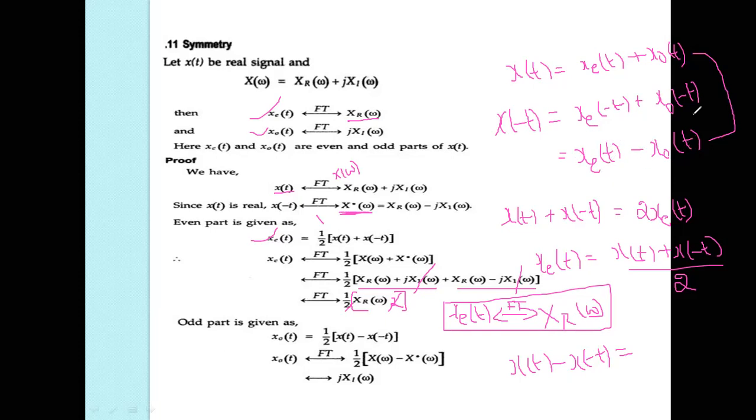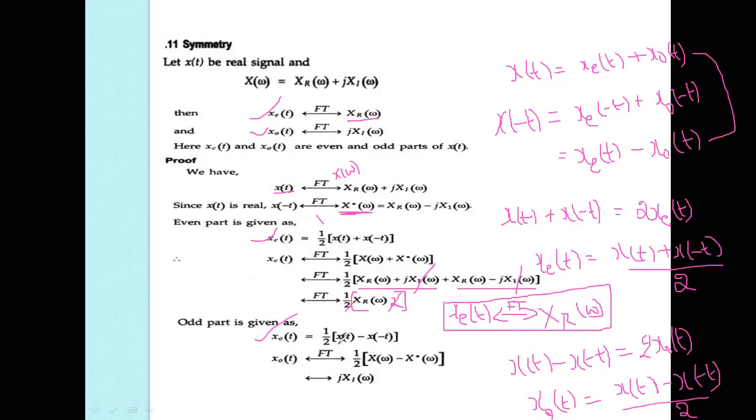So the even terms get cancelled, and you get the odd terms, 2 into xo of t. So what is xo of t here? xo of t is equal to x of t minus x of minus t, whole divided by 2. So xo of t is equal to 1 by 2 times x of t minus x of minus t.